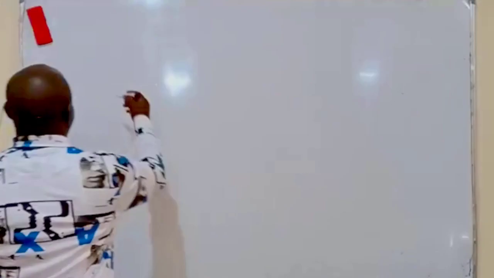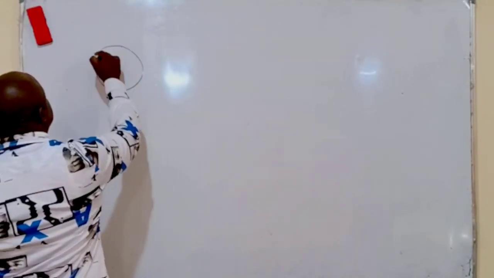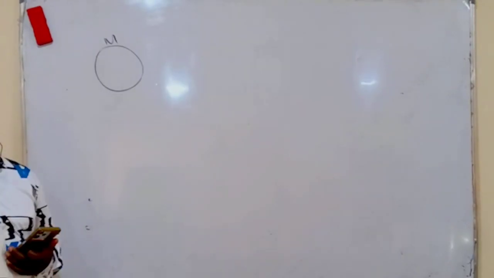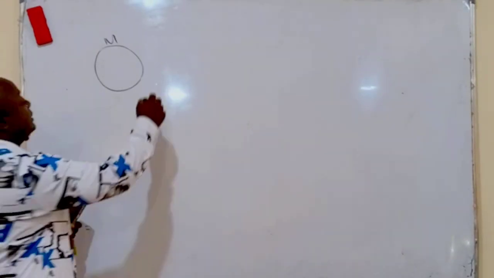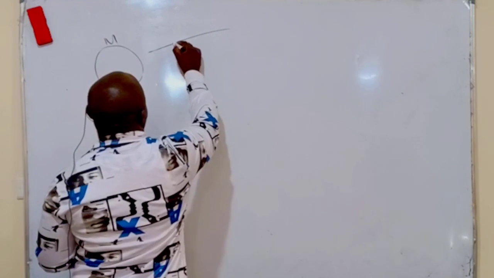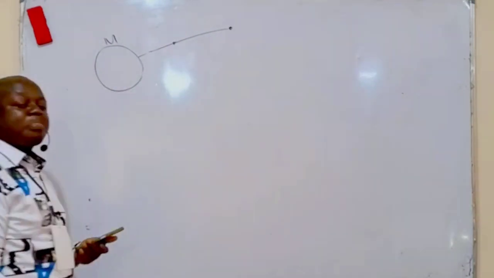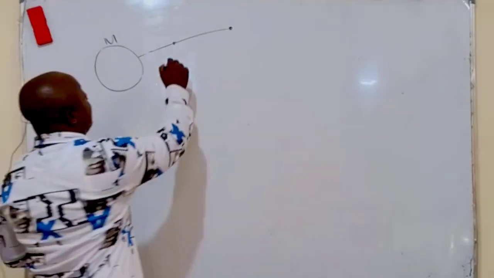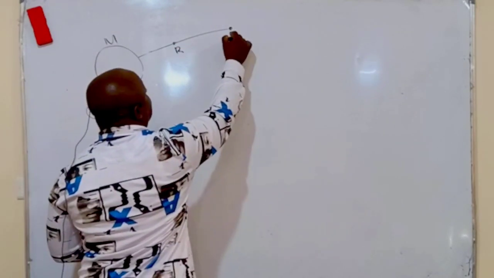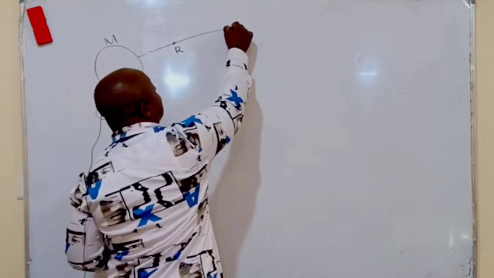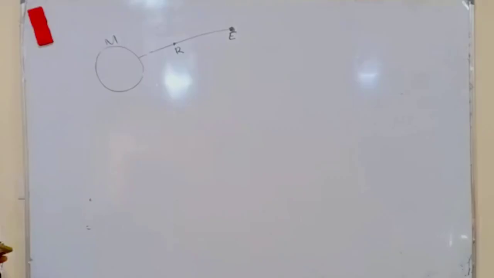So we are going to have a spherically symmetric mass situated in empty space, and we have maybe an emitter here, something that's emitting a pulse of light.